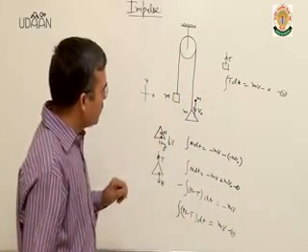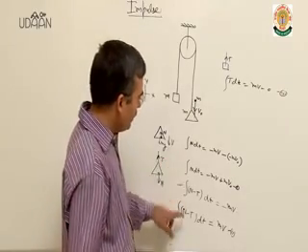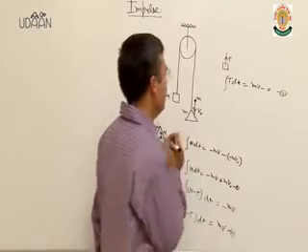From all the relations, let us simplify 1, 2 and 3.